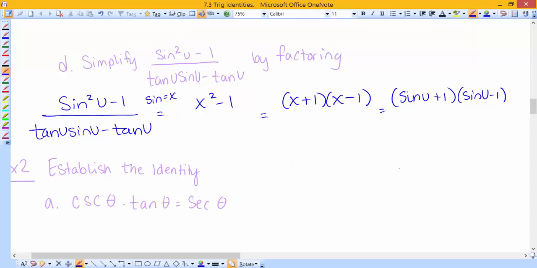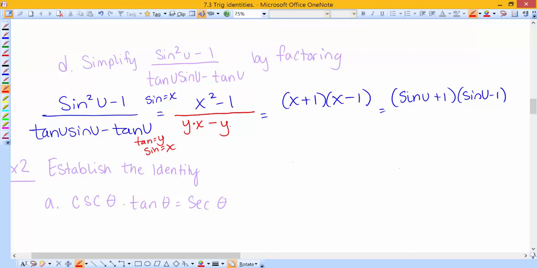Now I'm going to work with the denominator, and I'll use a different color so you guys can see the separation. Here I'm going to say tangent is going to be y, and I'm going to keep sine as x. So this is going to become y times x minus y.